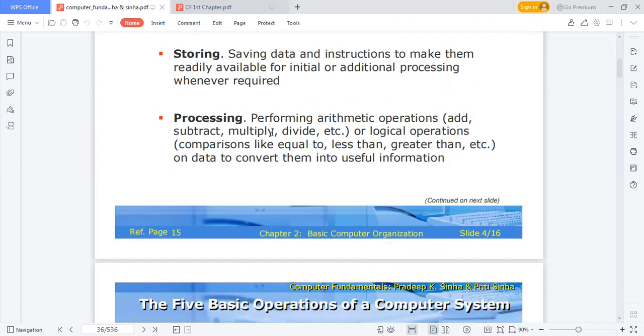Then the processing: performing arithmetic operations, suppose addition, subtraction, multiplication, or division, or any other logic operations like equal to, less than, or greater than, etc., on data to convert them into useful information. The processing of a computer is different from a human's. Remember it, because they have their own language. So their processing is different, and different languages, high level language or low level language, are used.